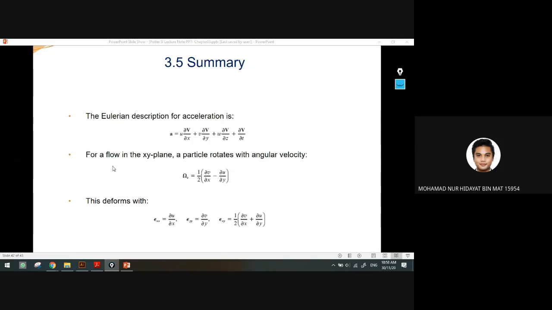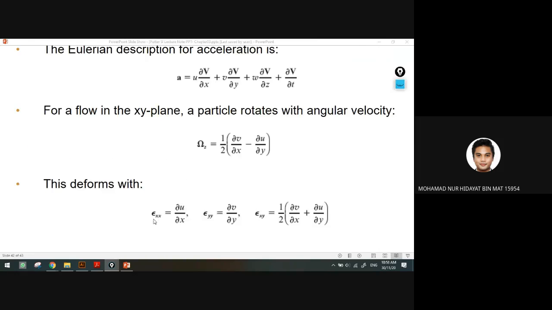And this is the angular velocity with respect to the average perpendicular to the lines, this is line AB and CD. And for the deformation, we focus on the rate of strain tensor, epsilon xx. This is stretching, this is compression, all right?